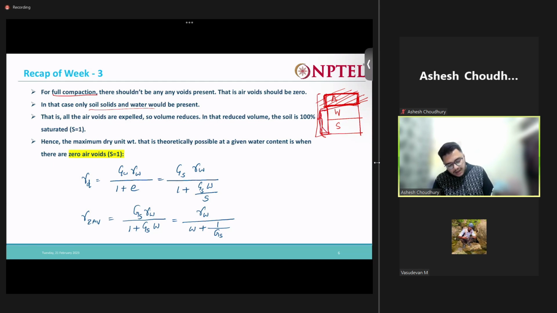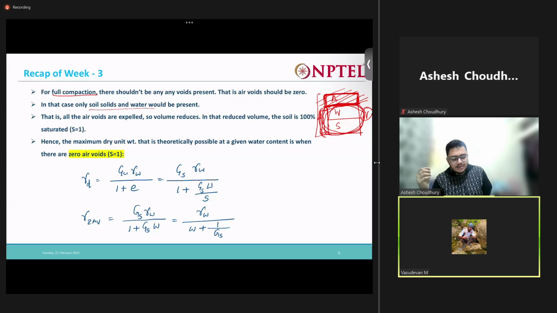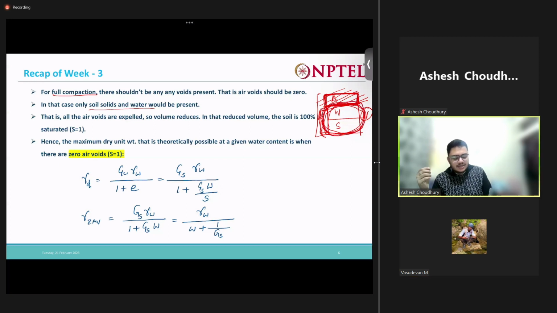So in this part, if you see in this volume, it is V. In this volume, my soil behaves as if it's completely saturated, 100% saturated. It is S equal to 1.